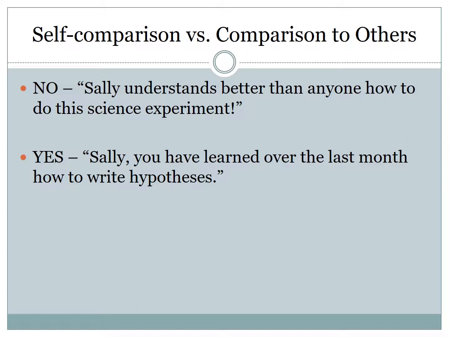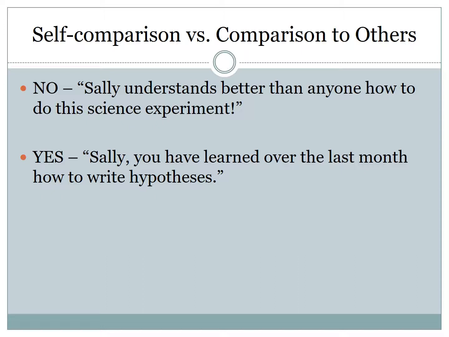Good feedback also encourages students to compare themselves with themselves versus others. A bad feedback would be, "Sally understands better than anyone how to do this science experiment." And that's bad because it compares Sally with everybody else in the class. First of all, it's going to make every other student hate Sally, which is not fair to Sally.